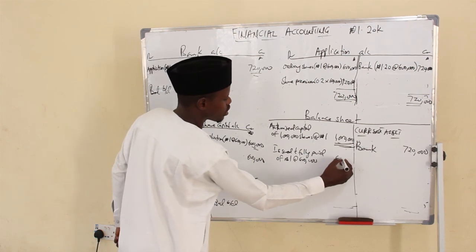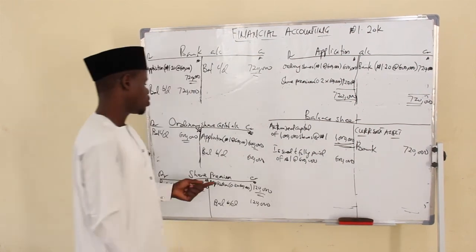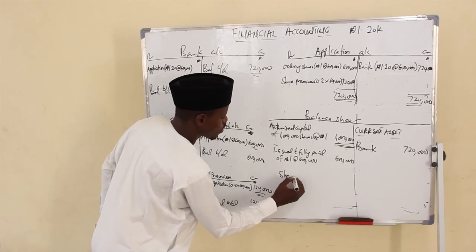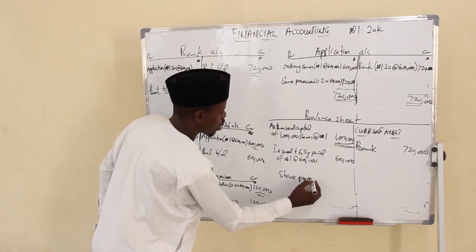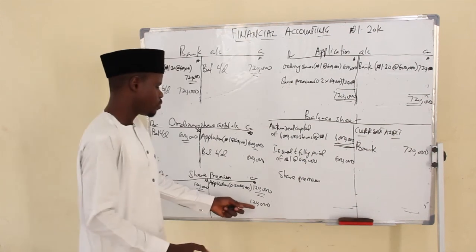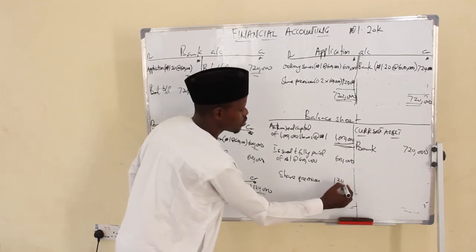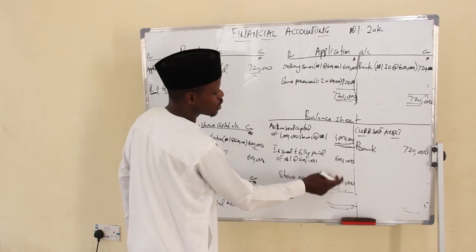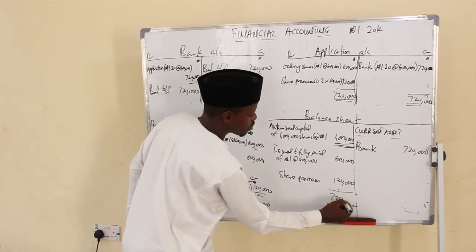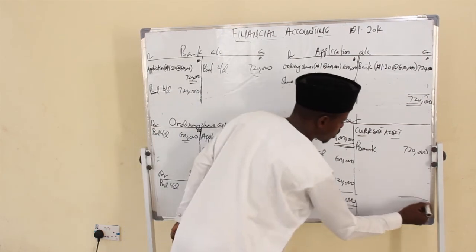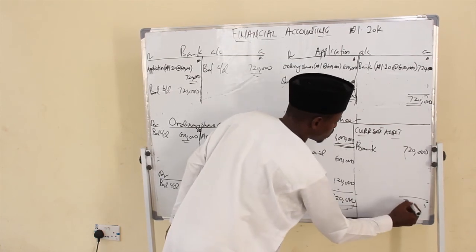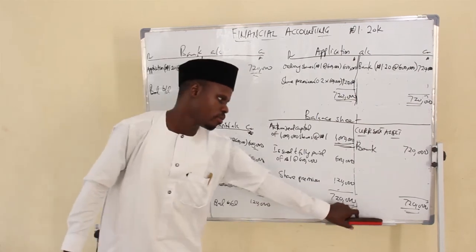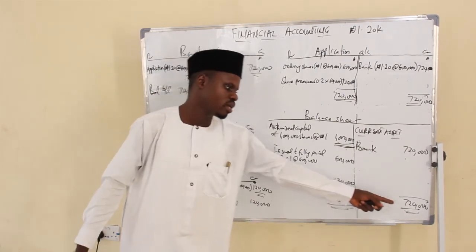This will give us 600,000. Then we also have share premium. And how much is the share premium? 120,000. By the time you add 600,000 plus 120,000, it is 720,000. So we could see our balance sheet has now balanced. We have 720,000 here, we have 720,000 here.